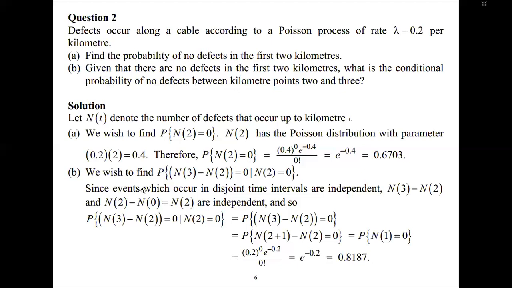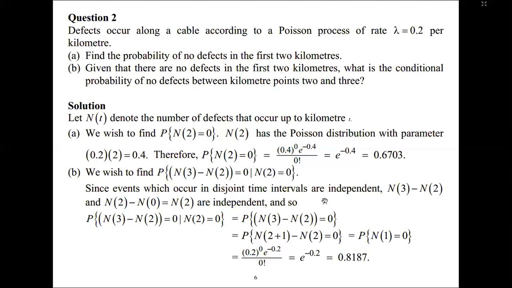Since the events which occur in disjoint intervals are independent, the interval 2 to 3 and the interval 0 to 2 are independent.